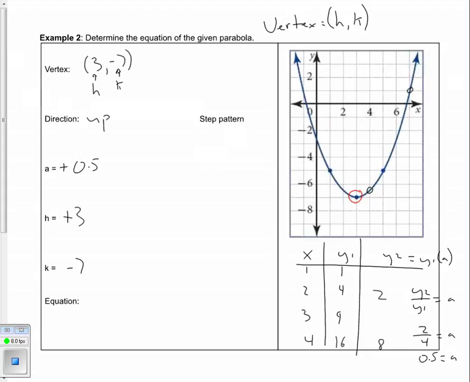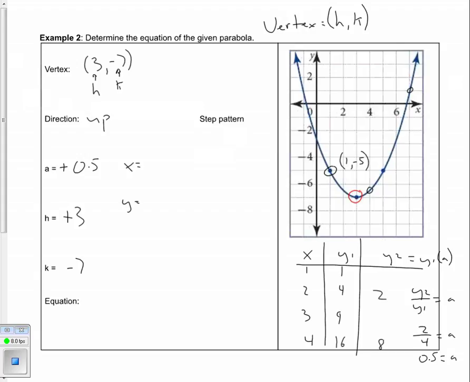There is another way that we could do this. Okay, for those of you who feel more comfortable doing it this way, we also know the position of a couple other points on this graph. And so, for example, here, we know that this point is at 1, -5. Okay, and because that point's at 1, -5, we know that that has an xy coordinate.